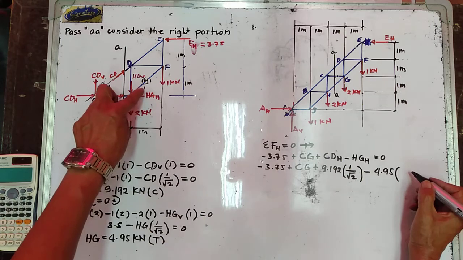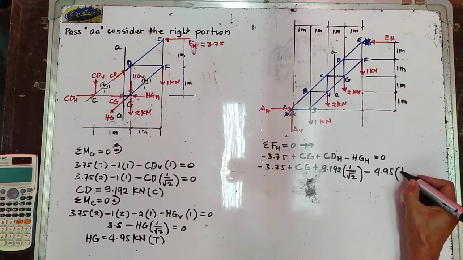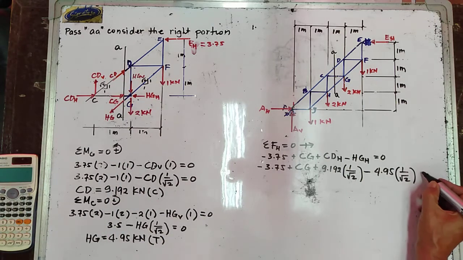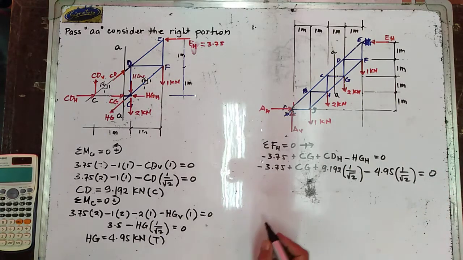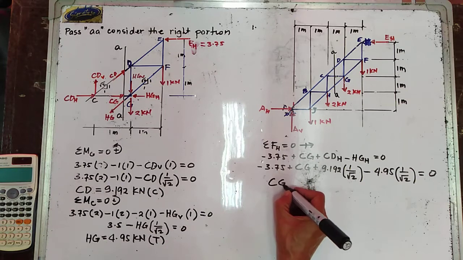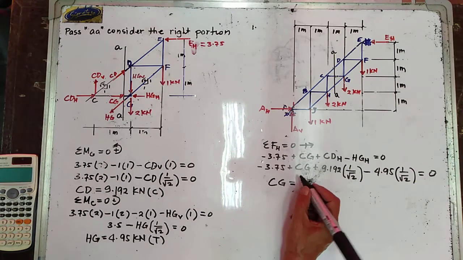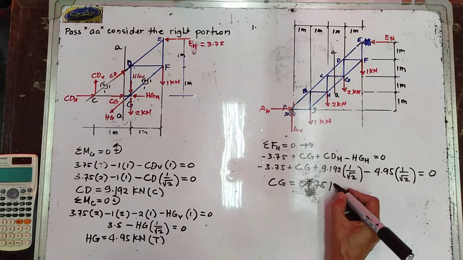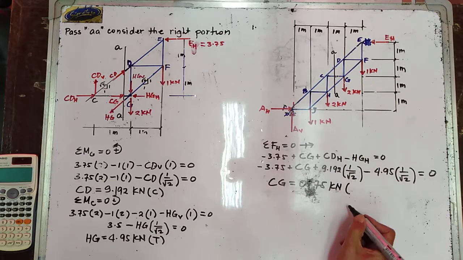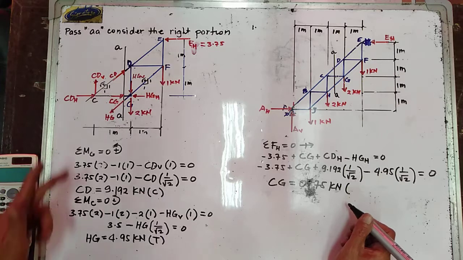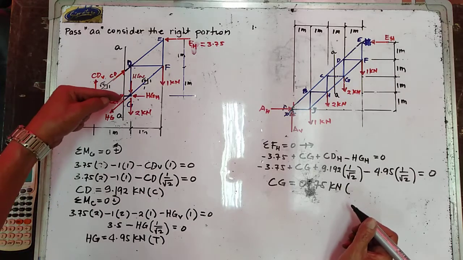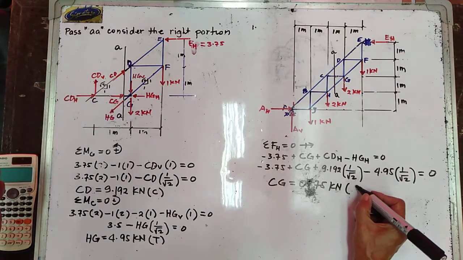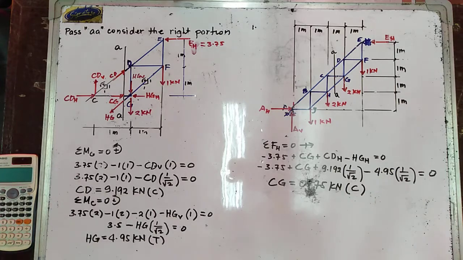Multiply this one by 1 over the square root of 2. And that one is equal to 0. So that the value of CG is now equal to 0.75 kilonewtons. We get a positive value, therefore the assumed direction of CG is correct, and this is in compression.